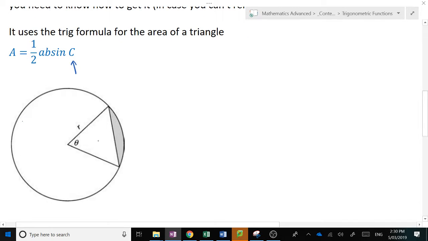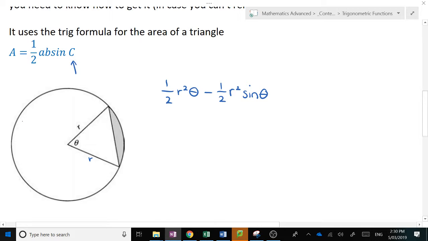So here, if we have this circle from last lesson, how do we find the area of the sector? Yep, half r squared theta. And we want to take away the area of the triangle, which is half r squared, because r times r, each side of the triangle, sine theta.